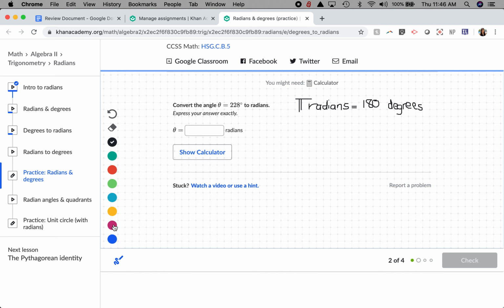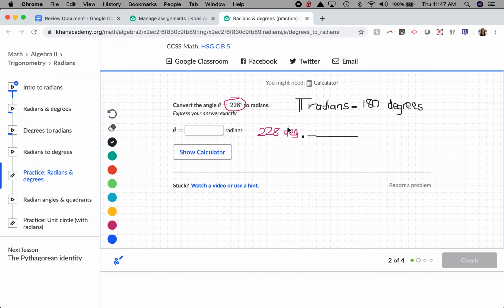So again, just like earlier, we will begin by writing out our given. So we are given 228 degrees. Now, while I'm still converting, I really like writing the whole word here. It just makes it easier for me to see that this is a unit. And we're going to multiply that by the conversion factor, which is a fraction.